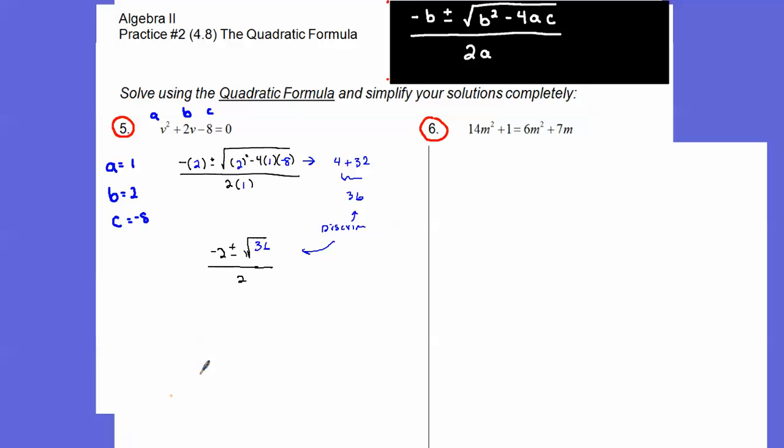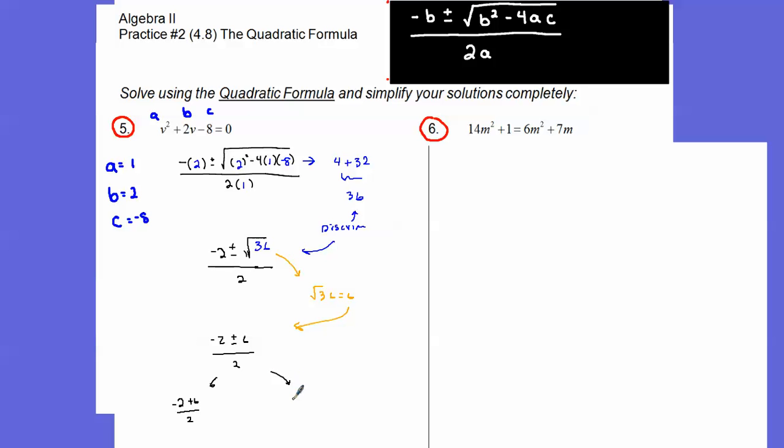Well, we know that the square root of 36 is equal to 6. The 6 then returns to give us -2 plus or minus 6 all over 2. This will provide us 2 different results. We will have here -2 plus 6 all divided by 2.